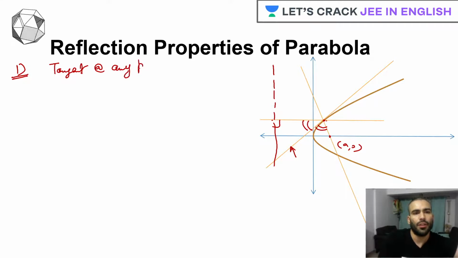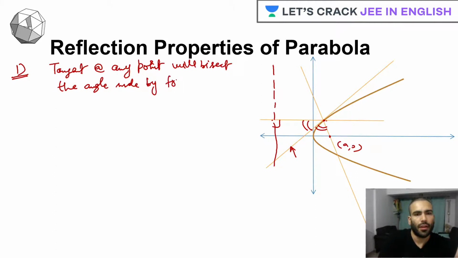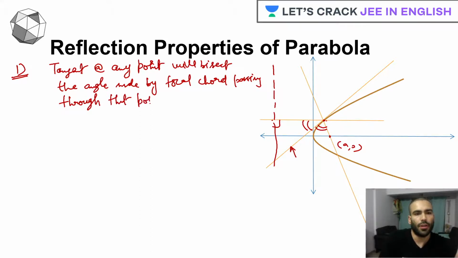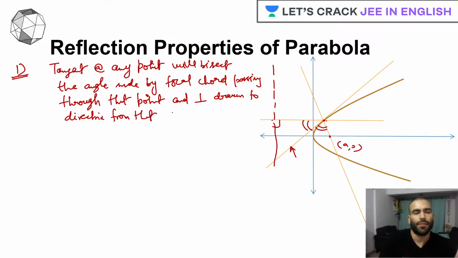Tangent at any point will bisect the angle made by the focal chord passing through that point and the perpendicular drawn to the directrix from that point.